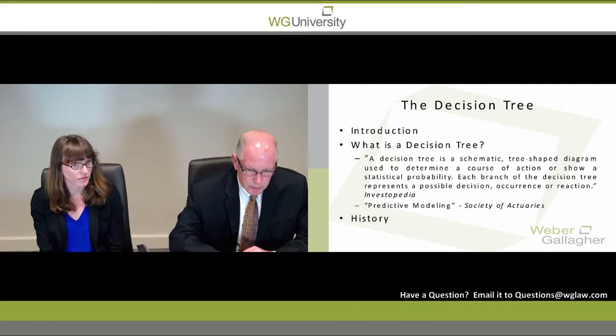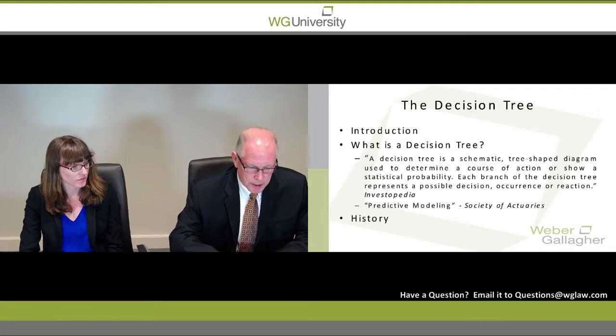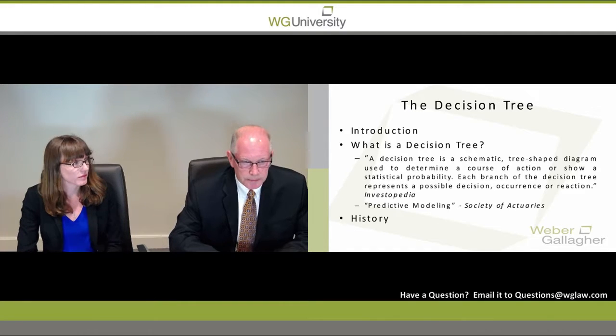Just to give you a brief history from my background. The first time I was exposed to the decision tree was around 1990, when a gentleman by the name of Mark Victor presented it to me and to the senior claim staff at Crum and Foster.